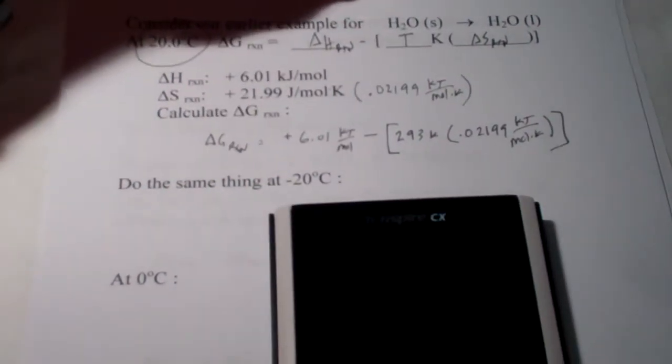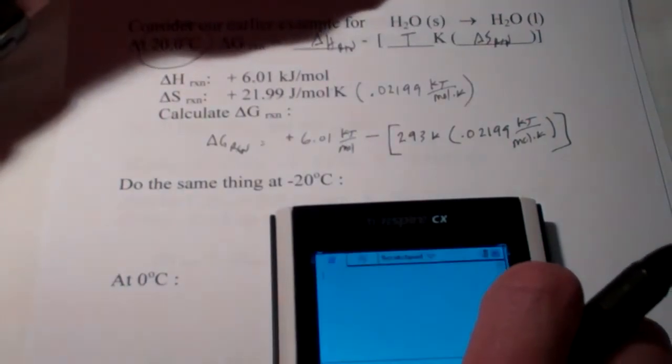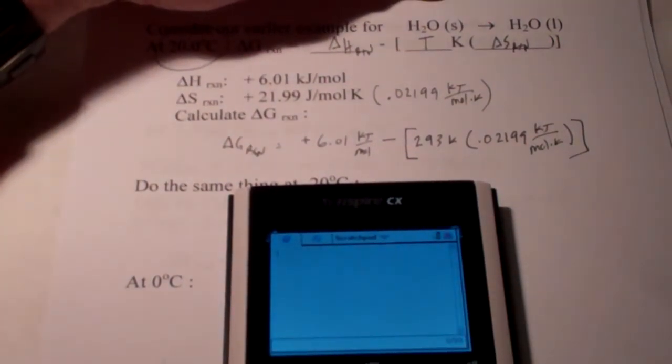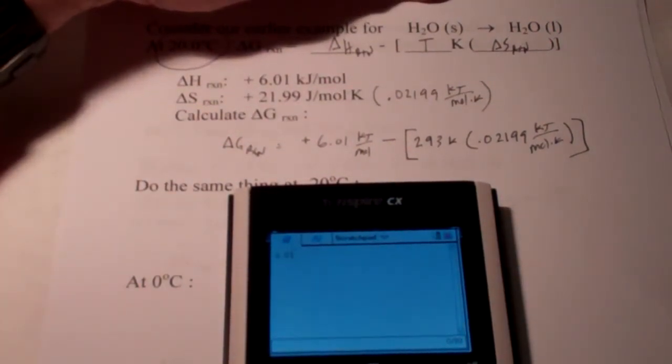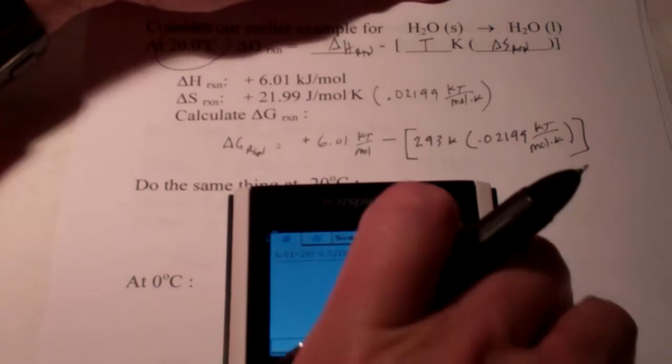So let's see what we end up with here. We have 6.01 minus, and we're going to use our parentheses key quite a bit today, so parentheses 293 times 0.02199. We'll close off those parentheses and hit enter.